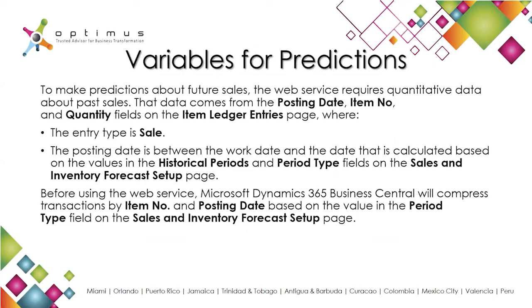So we have different variables. Now, what it checks to make predictions about future sales: this is a web service that, from Azure, has access to what we call the item ledger entries. Here is just a table, a SQL repository table where we save our information.